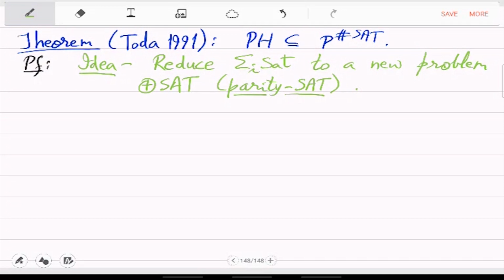Parity SAT, as the name suggests, is the question of checking whether the number of satisfying assignments is odd. Okay, if it is odd, which in particular also means that there is some assignment, because odd number starts with 1, 3, 5, and so on.